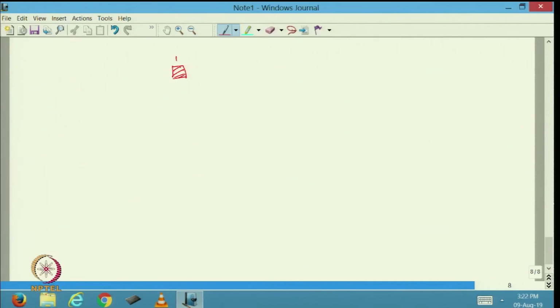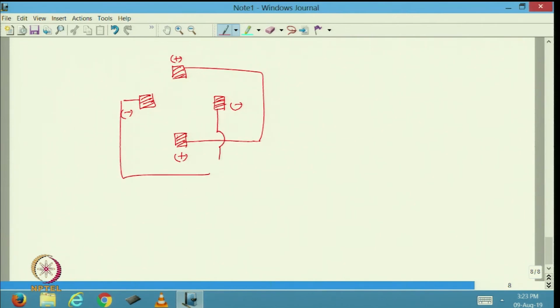This is the plus brush, this is the plus brush, this is the minus brush and this is the minus brush. Now these two are connected together, similarly these two are short circuited together.